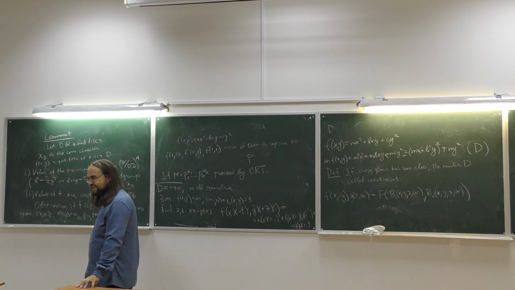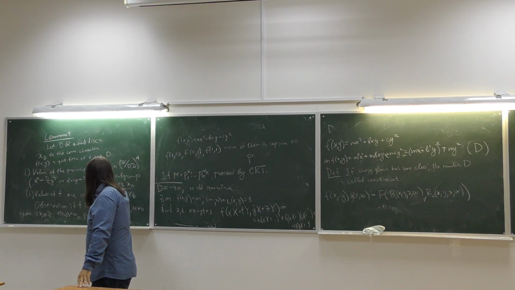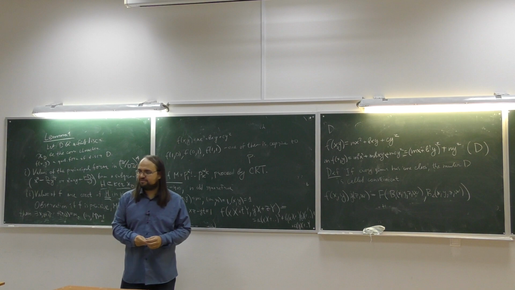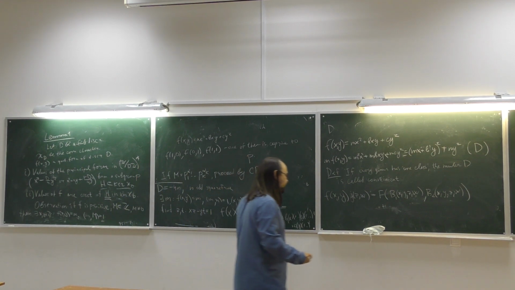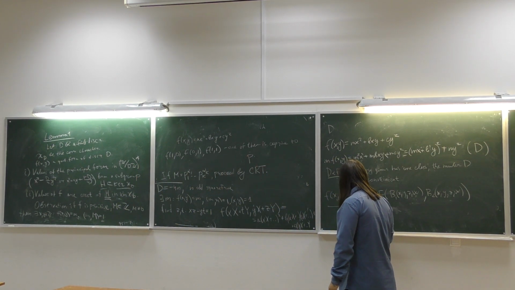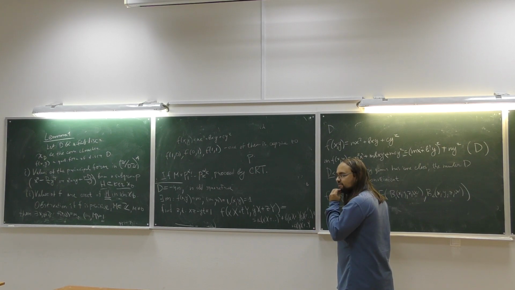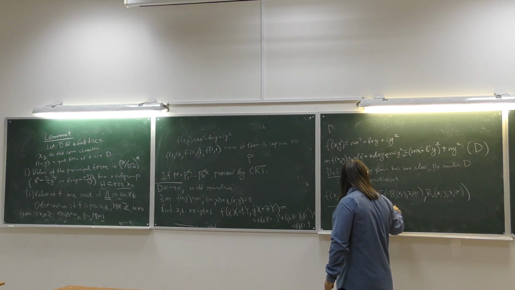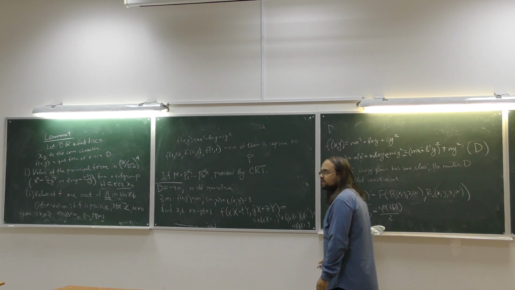So the number of genera is equal to the index of H inside the kernel of KD, sorry. So what is this number? Well, the kernel of KD is equal to phi of the absolute value of D over 2, right?